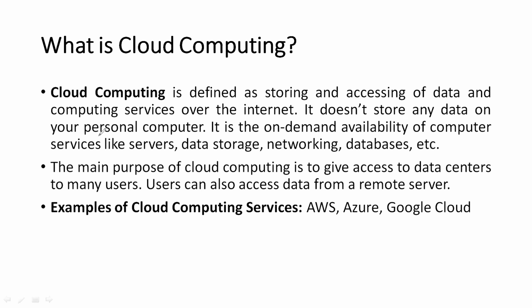Cloud computing is on-demand availability of computing services. It provides servers, data storage, networking, databases, etc. The main purpose of cloud computing is to give many users access to data centers. Users can also access data from remote servers. The examples of cloud computing are AWS, Azure, Google Cloud.